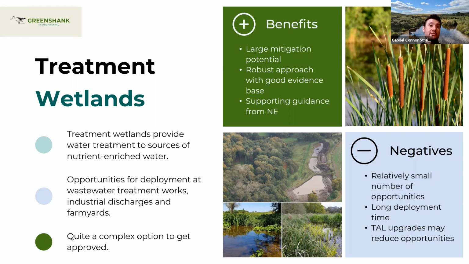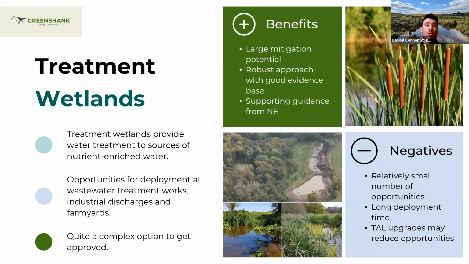The flip side of having the right places, with sources of water that are highly nutrient enriched to put into these wetlands, is that there is, relatively speaking, a smaller number of opportunities where you could deploy these schemes. There's also a need to put quite a bit of effort into the design work, and potentially do some monitoring to understand the key design parameters for a wetland system, and then use those parameters to quantify what the wetland would actually deliver in terms of nutrient mitigation.